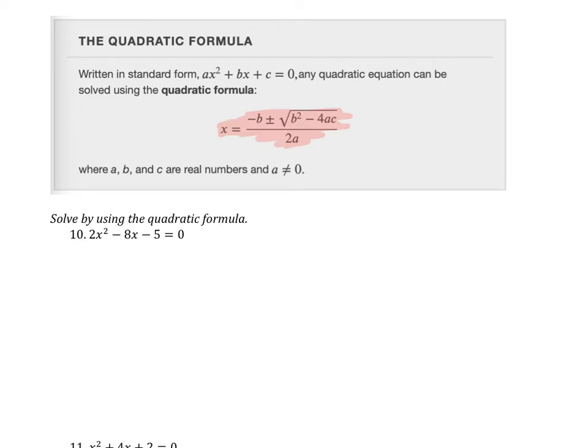So if we look at example 10, we have a, b, and c. So a is in front of x squared, b is in front of x, and c is the constant, and it's set equal to 0. So if your quadratic equation is written in this standard form, you can pick out a, b, and c, and then you just plug those letters in where they go in the formula.